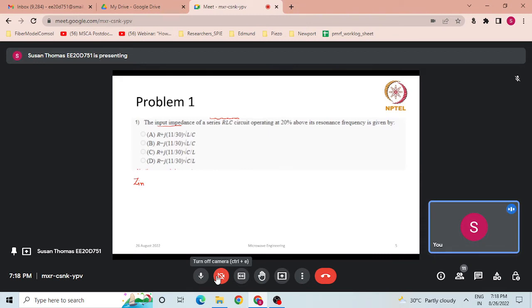You have seen how the input impedance of a series RLC network is derived. As I mentioned just now, R plus j omega L minus j into 1 by omega C. So you all know this is a series RLC network wherein you have R, L and C. So R plus j omega L minus j into 1 by omega C will be the impedance.